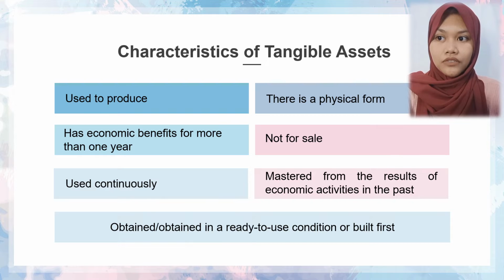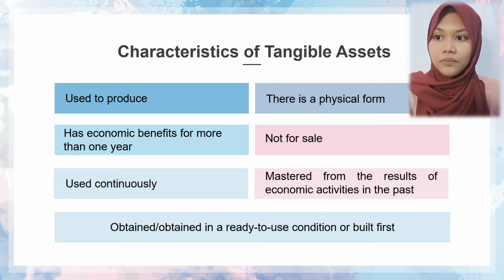Characteristic of tangible asset. Tangible assets have a physical form and are property on the balance sheet of property, land, and equipment. Fixed assets are initially recorded as assets and then subject to types of general accounting transactions, such as: 1. Used to produce. 2.